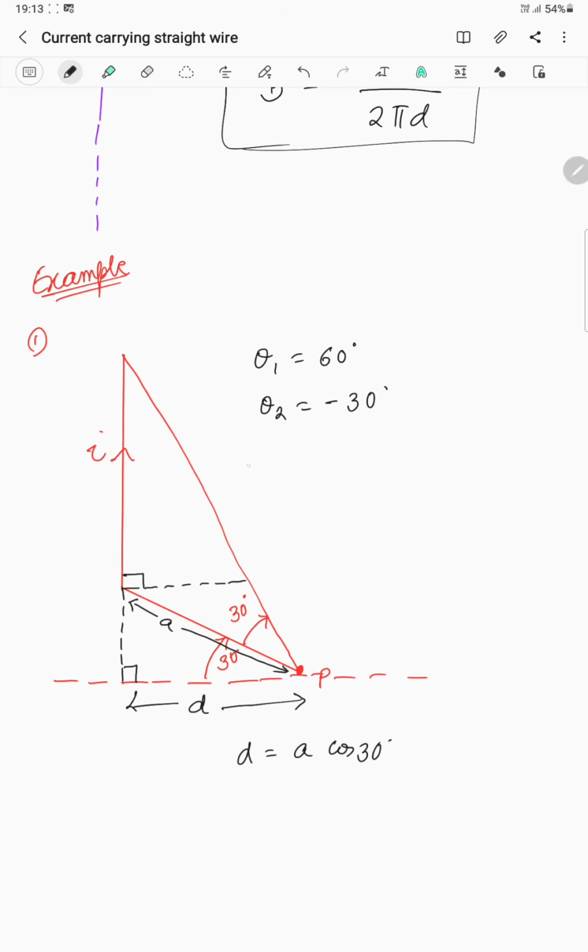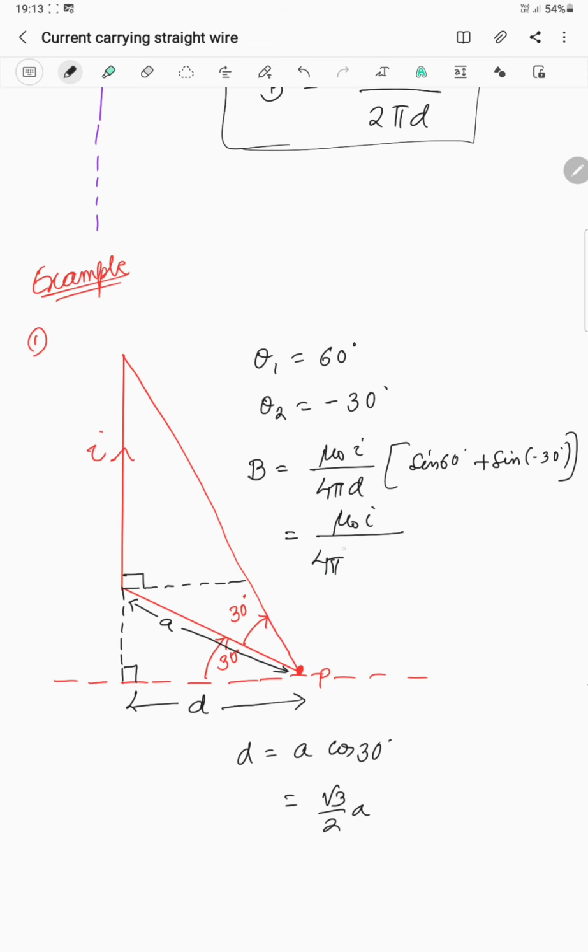Then what about the magnetic field formula? B will be equal to mu naught I divided by 4 pi d, times sine 60 degrees plus sine minus 30 degrees. Now if you solve this, how much will d be? Cos 30 is equal to root 3 by 2, so d is root 3 by 2 A. If I put this value, it is equal to mu naught I by 4 pi, and instead of d I put root 3 by 2A.